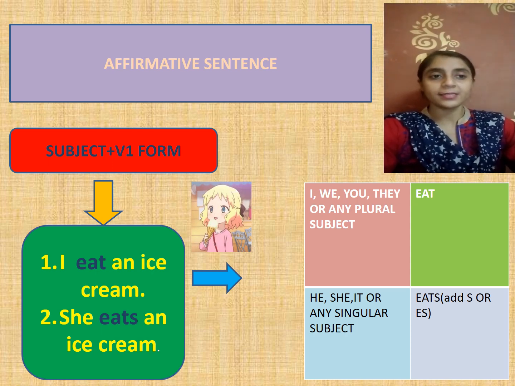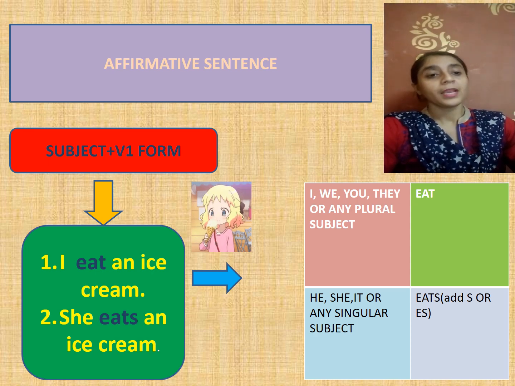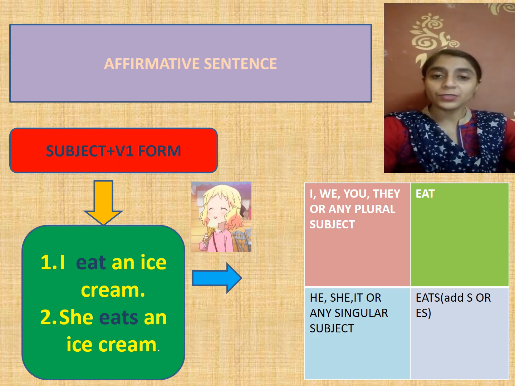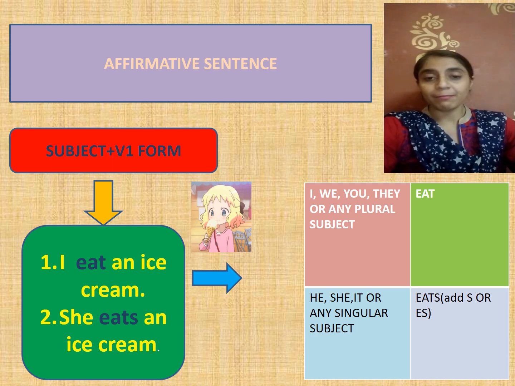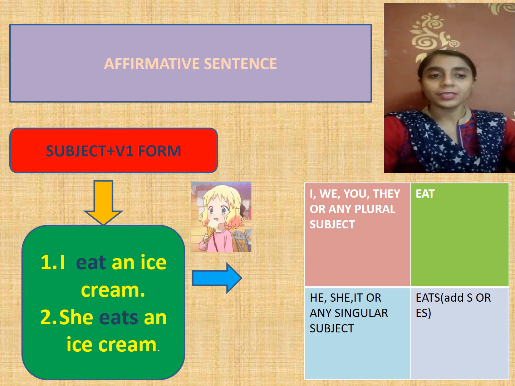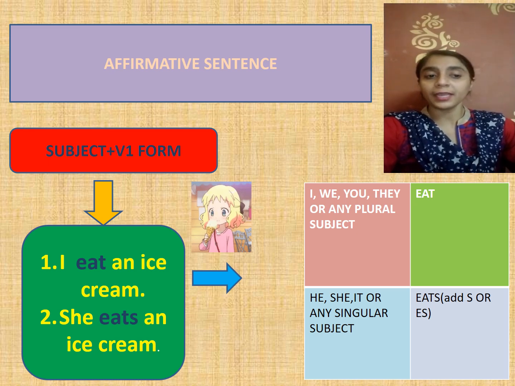So let's see this in the given box. It is written I, we, you, they or any plural subject. We do not add s to a verb. For example, I have written eat, but with singular subject or he, she, it, we add s or es to a verb.